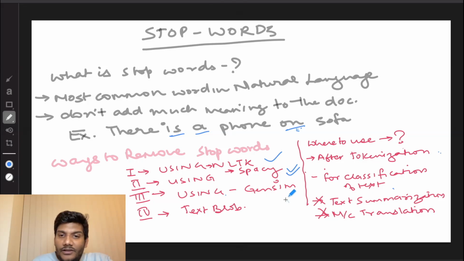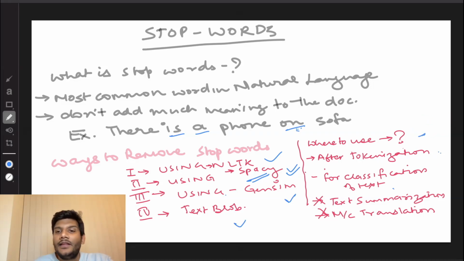Then we have one more library, which is gensim, and then TextBlob. However, in this video I'll be using spaCy, and with that example I'll be explaining how we remove the stop words.